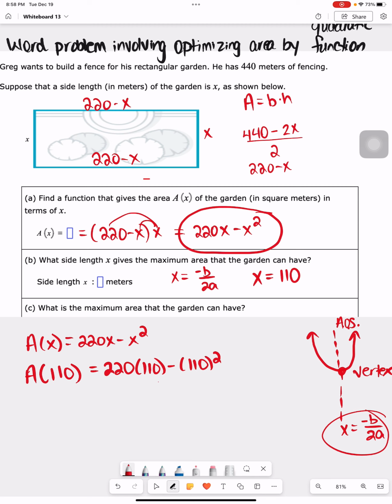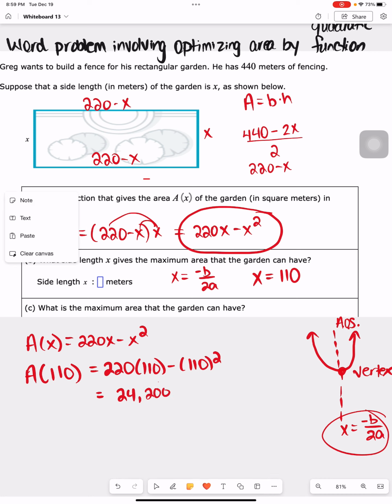And if we do that, what we get then is 24,200 minus 12,100. And when we simplify that, that gives us 12,100.